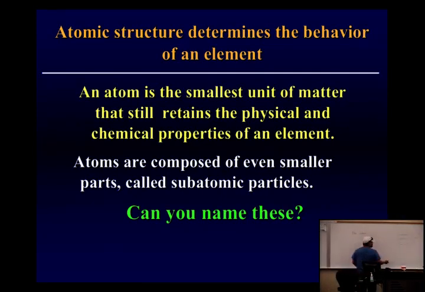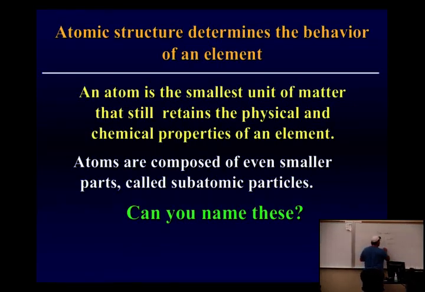We'll say it's 23. So we can take the mass number and subtract the atomic number, and that gives us the number of neutrons we need to make it weigh 23, right? So we can say that it has 12 neutrons, and let's check our work. 11 plus 12 is 23.